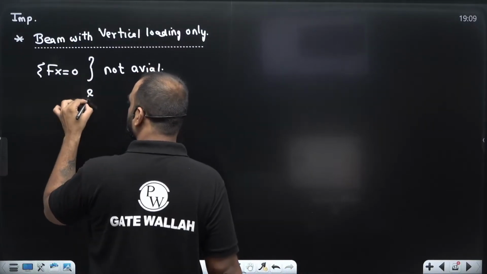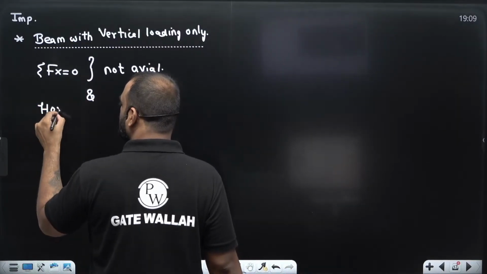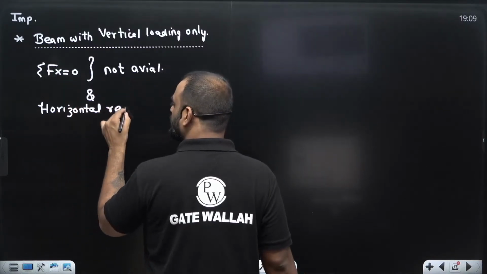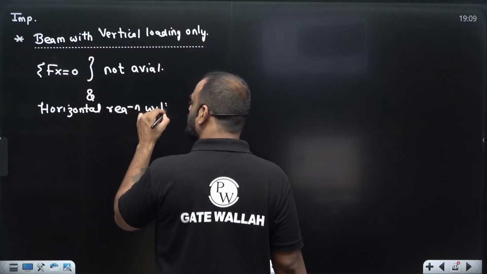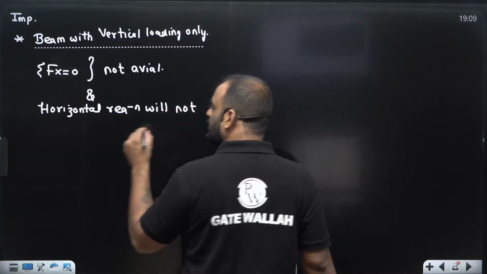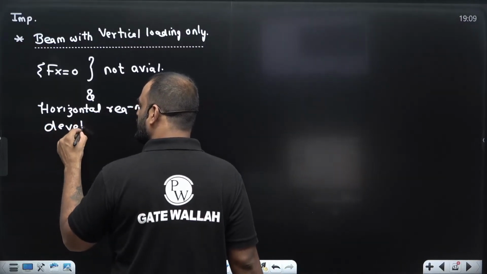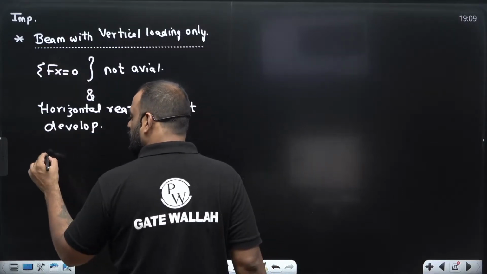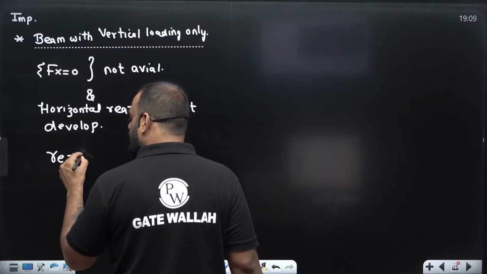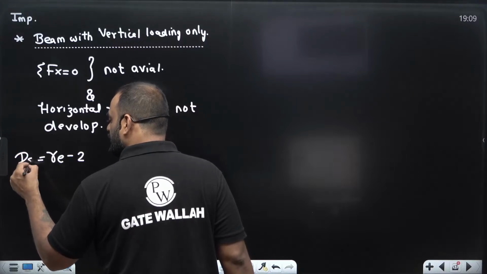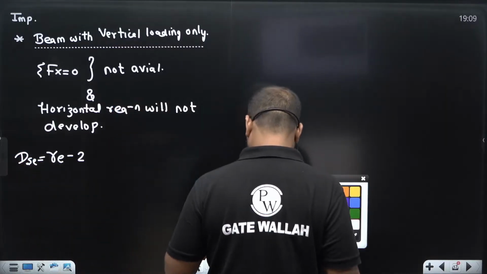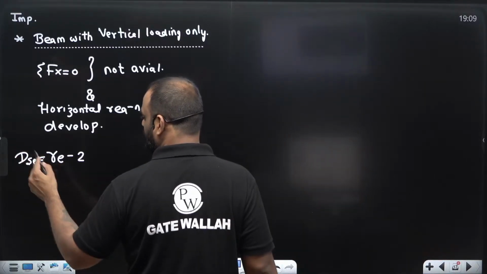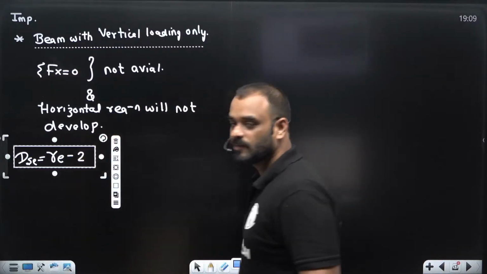And horizontal reaction will not develop. It will not develop guys, right? So in such condition, for 2D structure, our formula will become Re minus 2. DSC is equal to Re minus 2. This is the only special case which we have for beam part. This is the only special case guys, right?